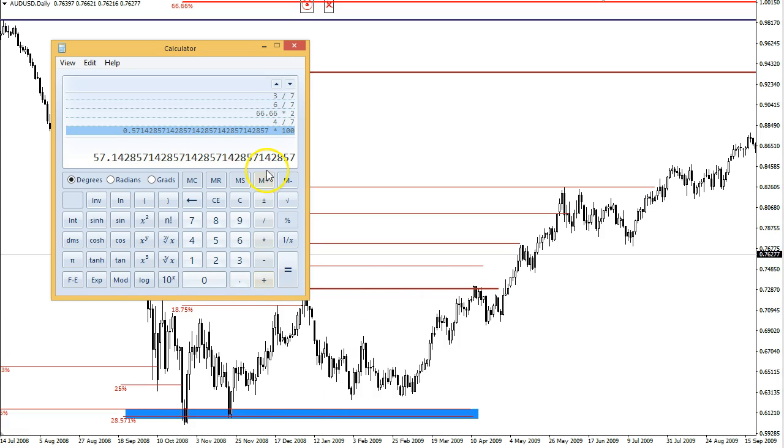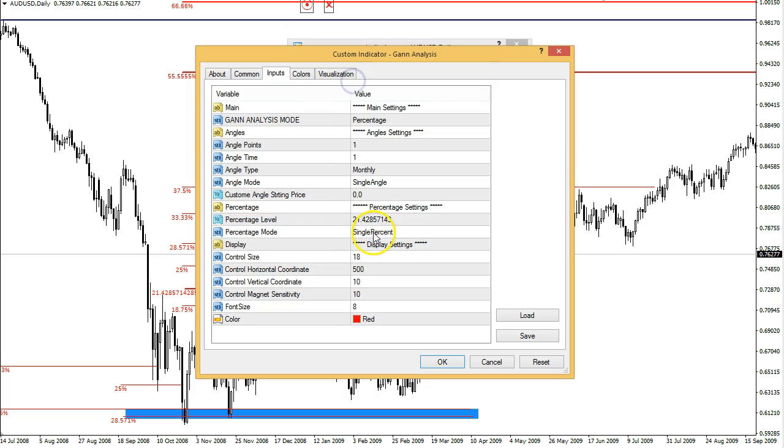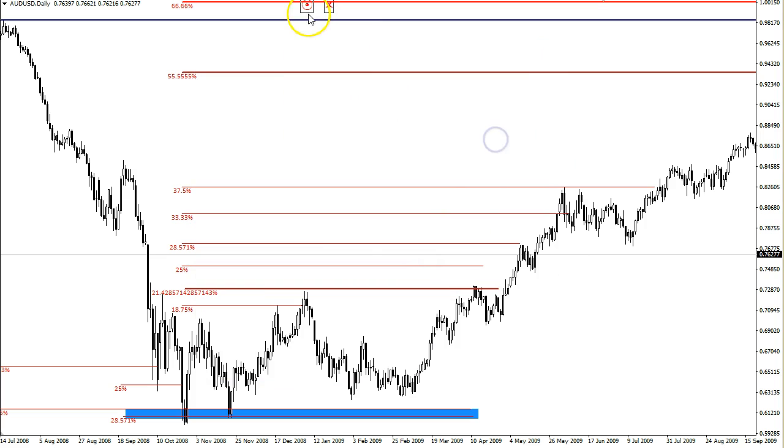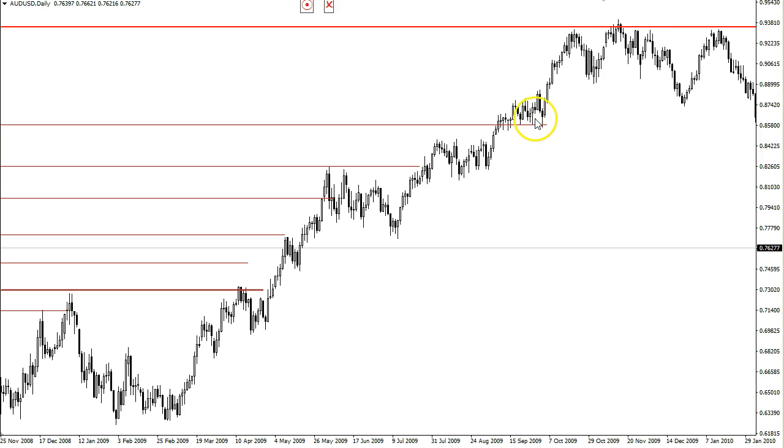Double of that percentage is 48.8571. If we take from here, we can see that it didn't really work, but you can see that once you broke, you came down and it worked as broken resistance and then acting as support.